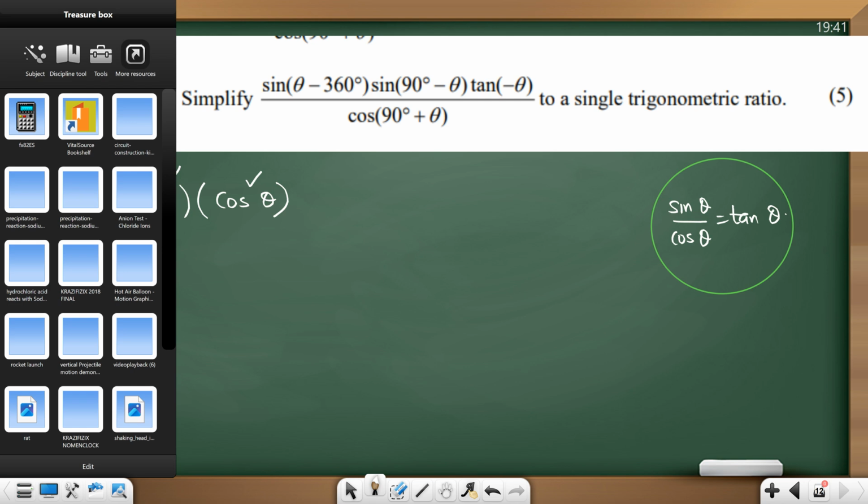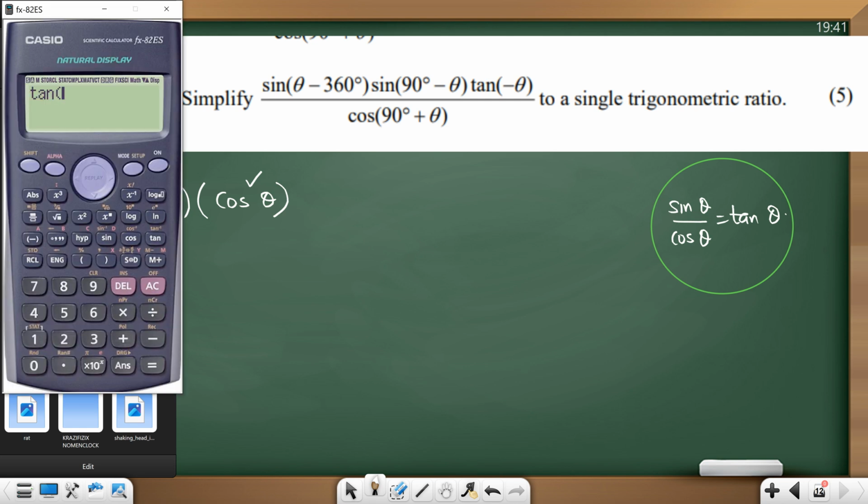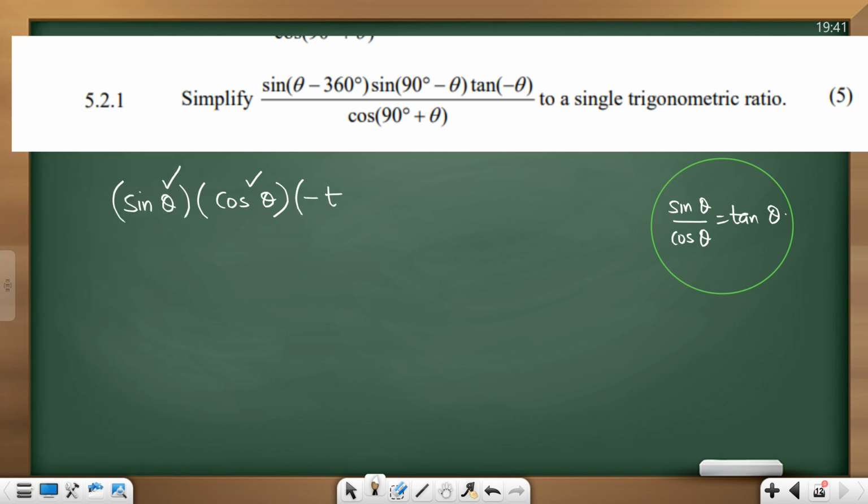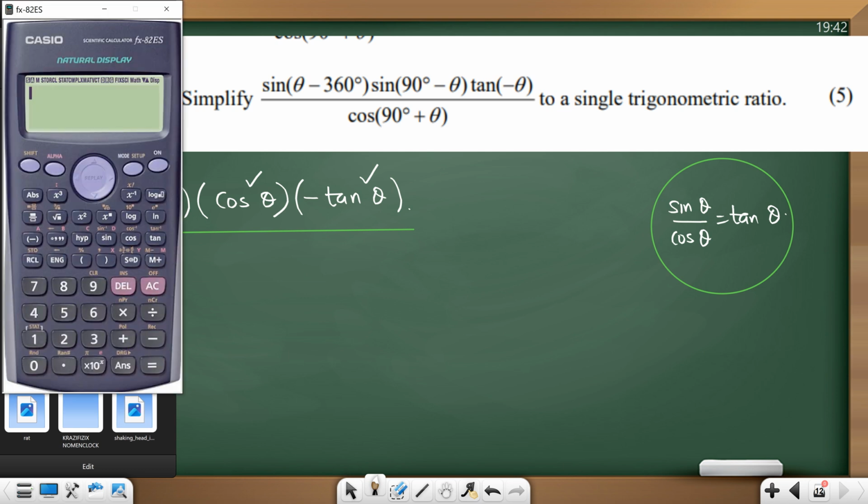Tan negative theta. I grab my calculator. Tan negative 1. It's a negative answer. Oh, beautiful. Negative. Because it's a 0, I am not changing. I get my 3rd mark there. Cos 90 plus theta. Grab my calculator.